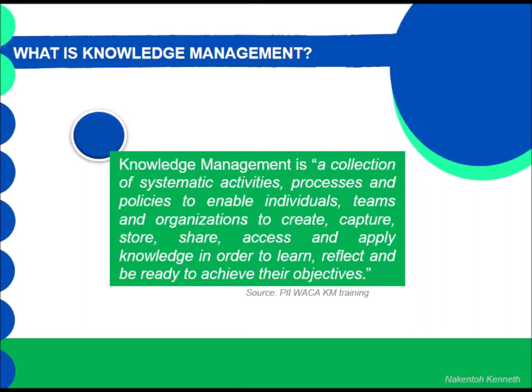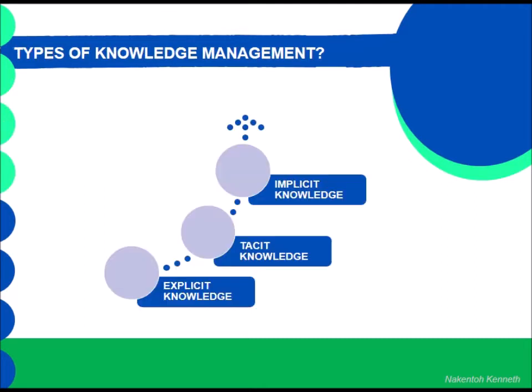Now, there are different types of knowledge, specifically two main types, and I just added a third, and I'm going to explain why. So we're going to start with the bottom, explicit knowledge, and this is simply documented knowledge.